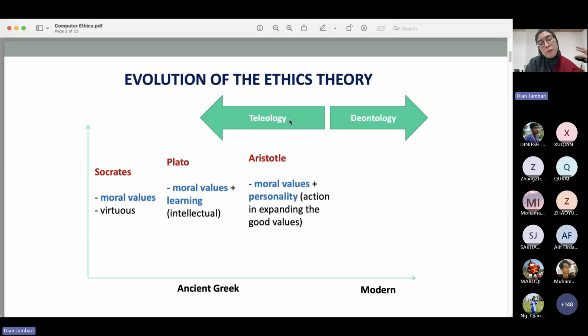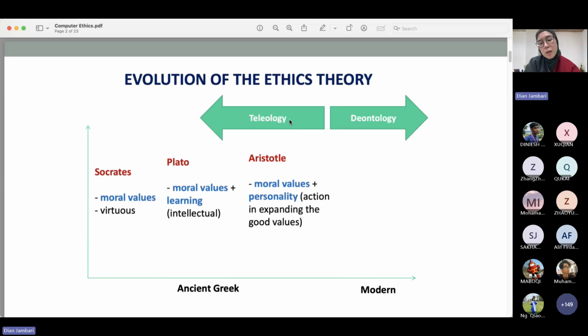In ancient times, in ancient Greece. And why do we refer to ancient Greeks? Because it is the recorded evidence of how ethics was formalized. And what do I mean by formalized? It means that it has been recorded and structured. So ancient Greece is the reference that is highly referred to within the field of ethics.